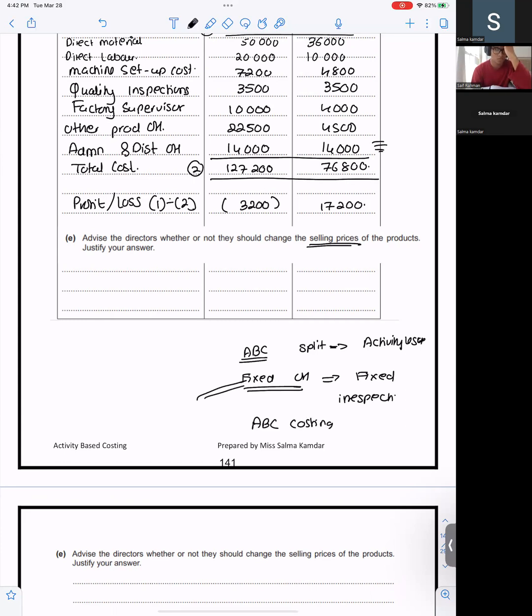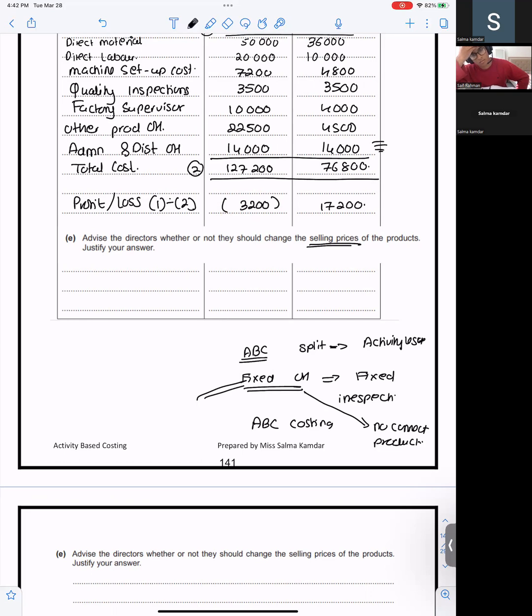Because these overheads have to be incurred and have no connection with the activity level or with production. So whenever you're doing ABC costing, all your fixed overheads are split in an unrealistic manner. So it may also be because this is split in an unrealistic manner that you're getting a loss. So now you have to advise the director whether or not they should change the selling price.